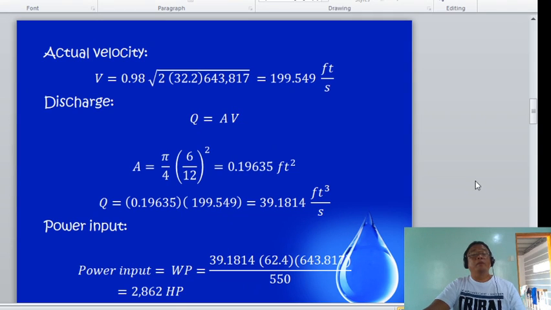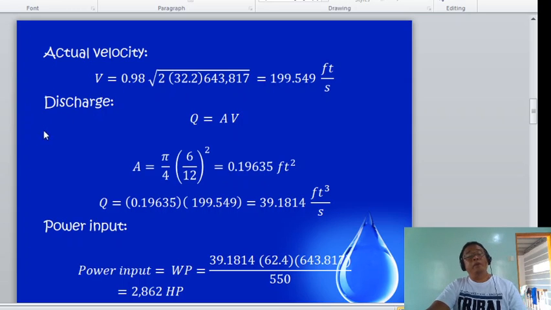So the actual velocity now is equal to the velocity coefficient multiplied by square root of 2gh, so that is now 199.549 feet per second, or almost 200 feet per second. So getting now the discharge, that is Q equals to the cross-sectional area of the penstock multiplied by its velocity.